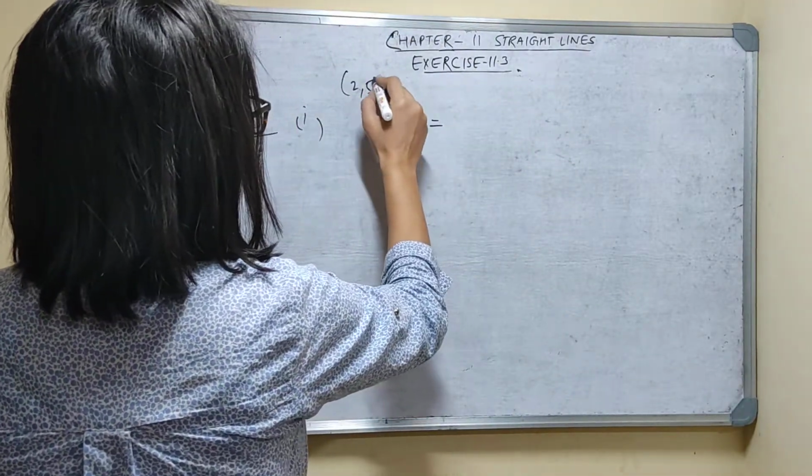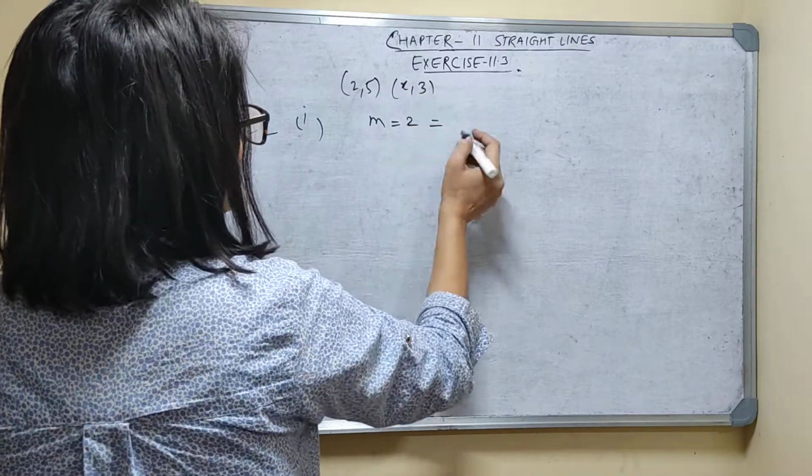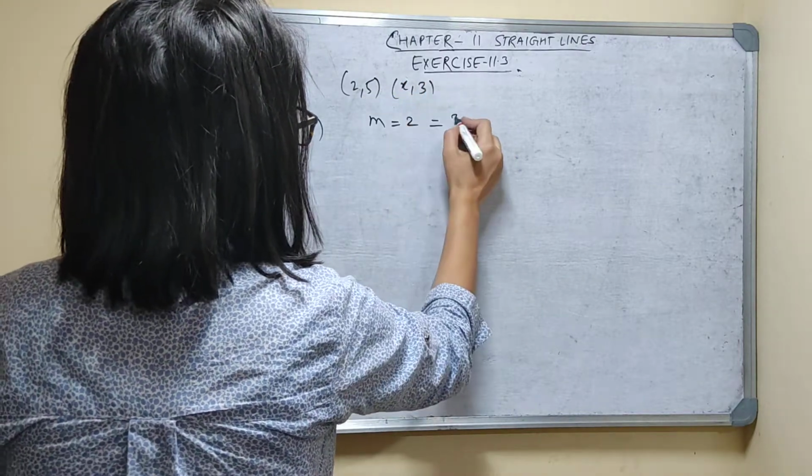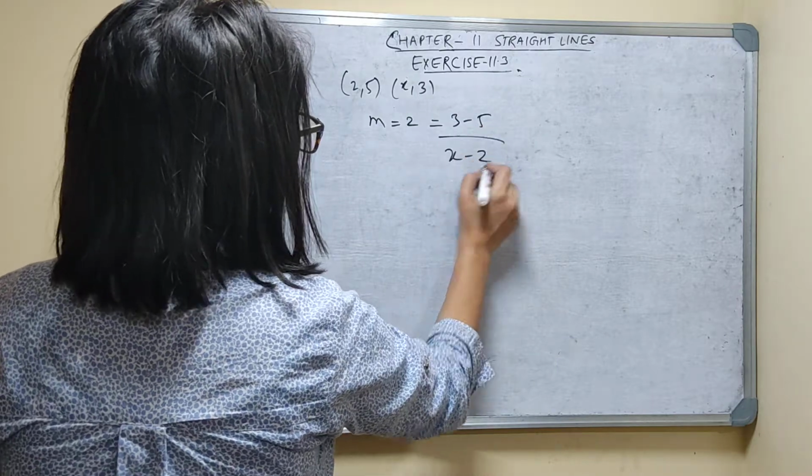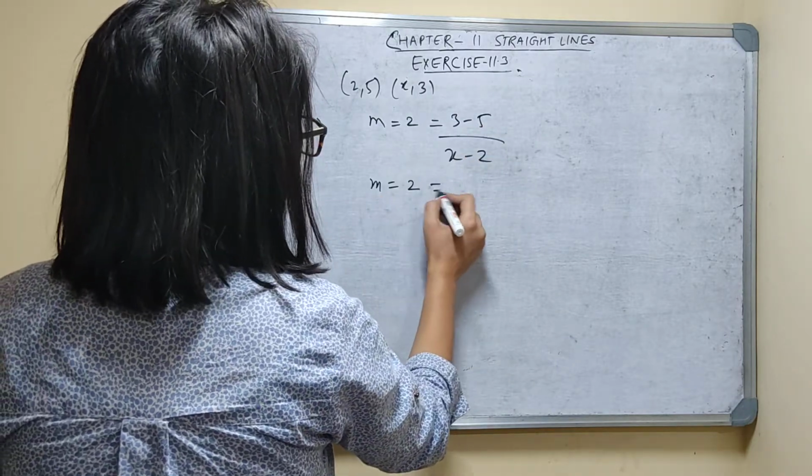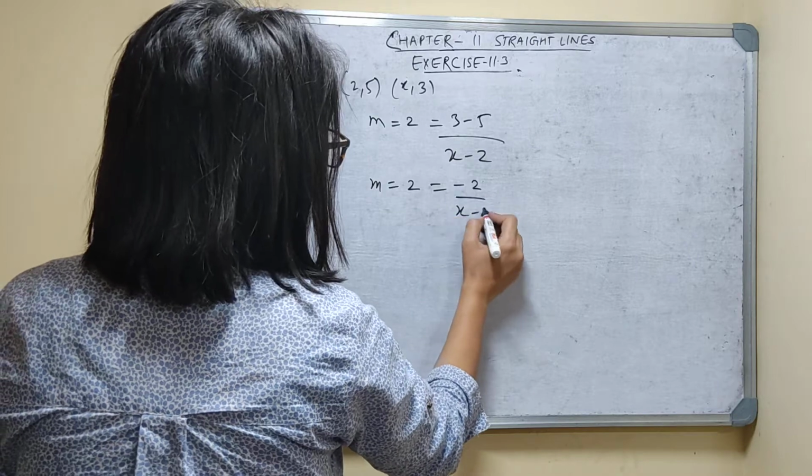So what will you write? Slope is y2 minus y1, so 3 minus 5 upon x minus 2. So m is equal to what? 2 is equal to minus 2 upon x minus 2.